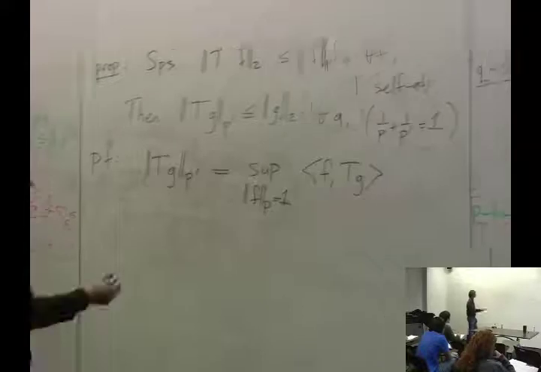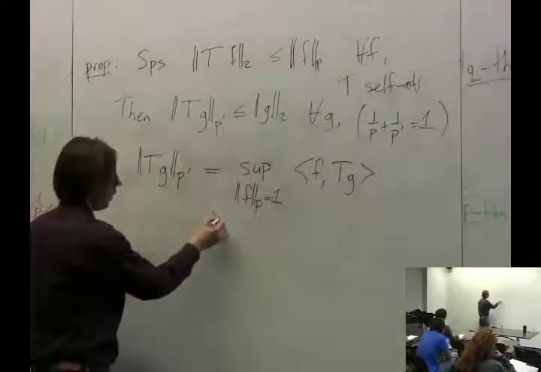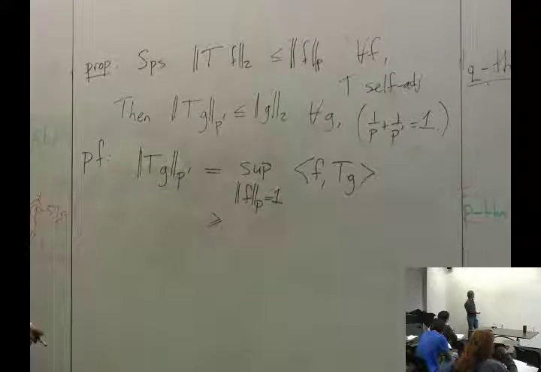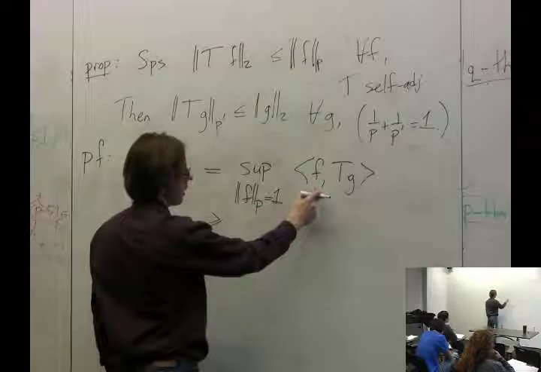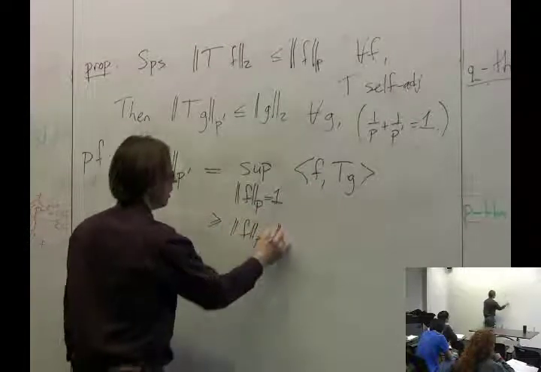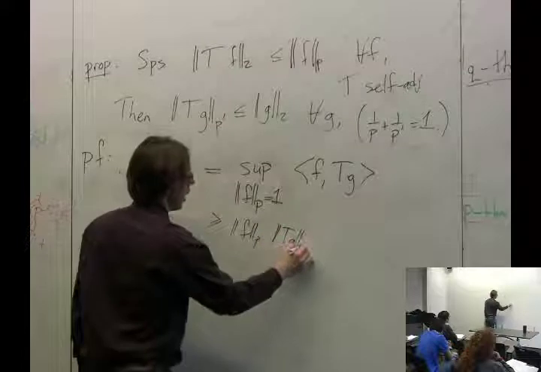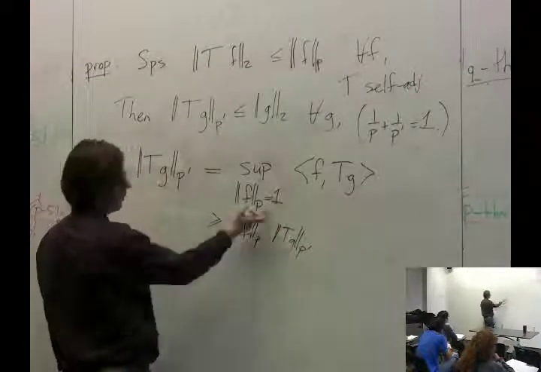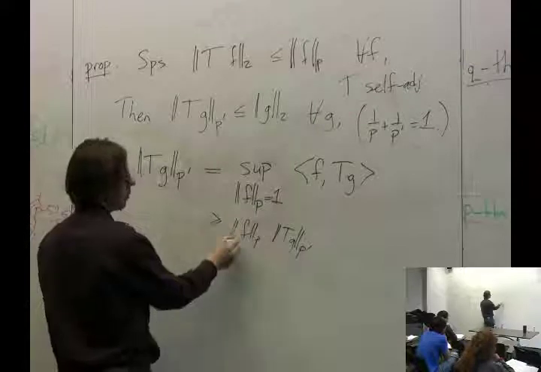Or, if you don't like such fancy language, you see this inequality, that this is at most this, is Holder's inequality. Because by Holder it's at most the P norm of f times the P prime norm of TG. That's Holder, when P and P prime are conjugate. And in the supremum, I'm just assuming that's 1.